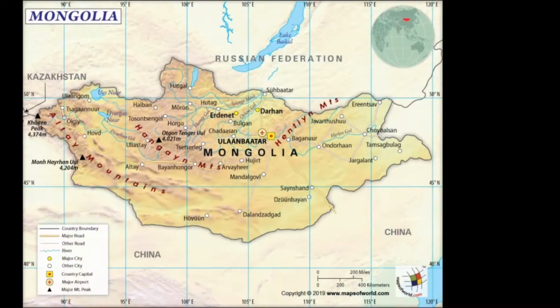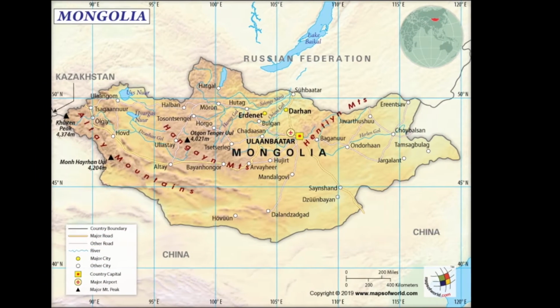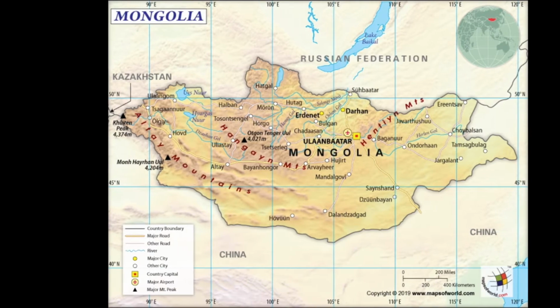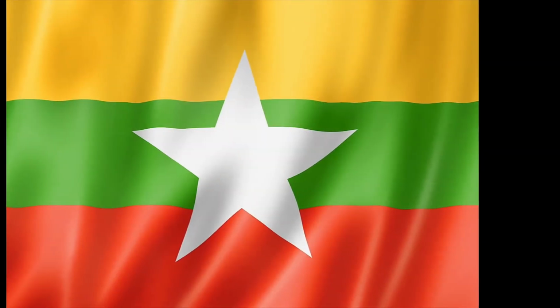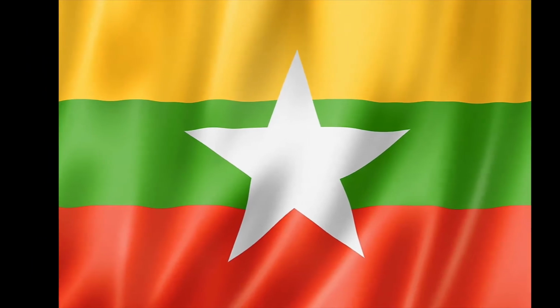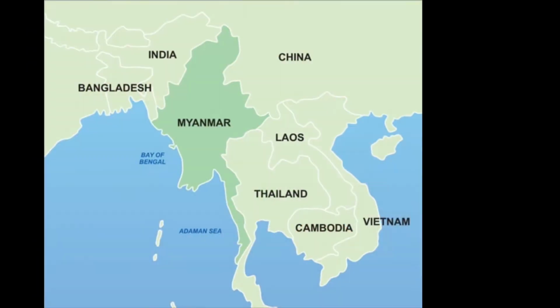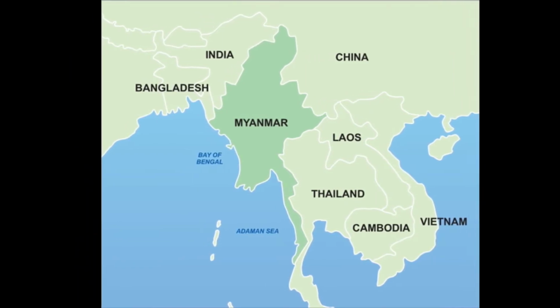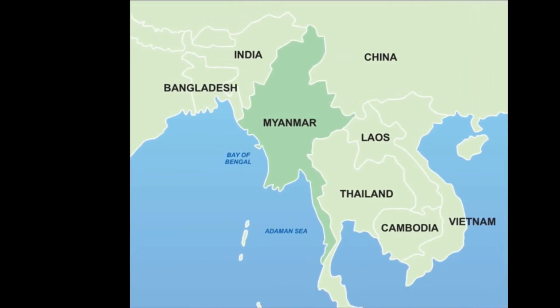Number 2 with Mongolia. Mongolia is in the third stage of the demographic transition model and has a pollution index of 91.84. Number 3 with Myanmar. Myanmar is in the third stage of the demographic transition model and has a pollution index of 89.77. Number 4 with Lebanon.